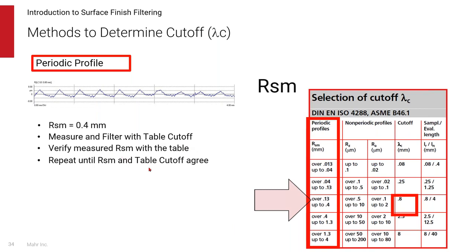So we can measure this, and as long as these two values agree, then we can say we have the right cutoff for that type of profile that we're seeing. And this chart is very valuable for helping people select the right cutoff for maybe an unknown surface profile that they're measuring for the first time.